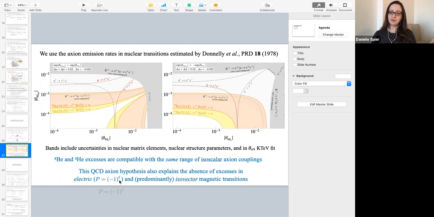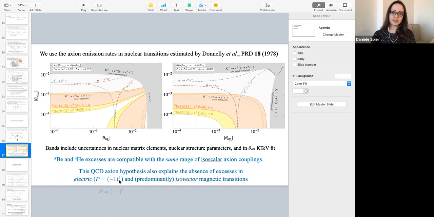The axion specifically will only be emitted in non-resonant capture reactions if these are magnetic transitions, but most of these non-resonant capture reactions are not magnetic transitions, they are electric. That explains why you're not seeing the axion emitted there.